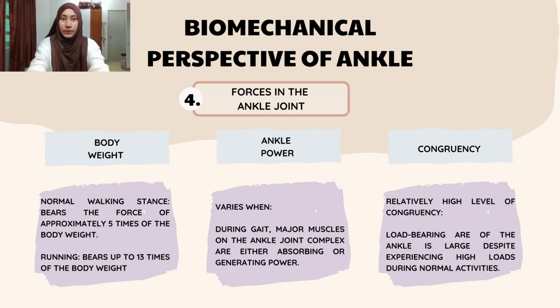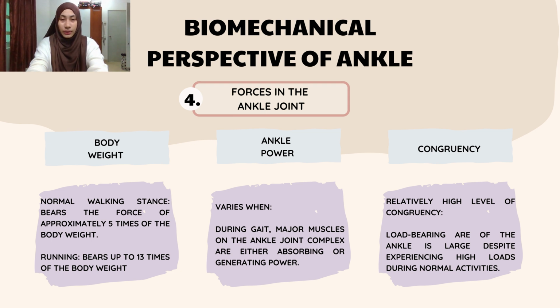And for the forces in the ankle joint, which are the body weight, ankle power, and congruency. Starting with body weight, the ankle joint complex bears a force of approximately 5 times body weight during stance in normal walking, and up to 13 times body weight during activities such as running.